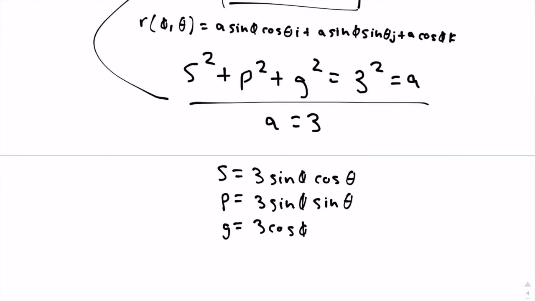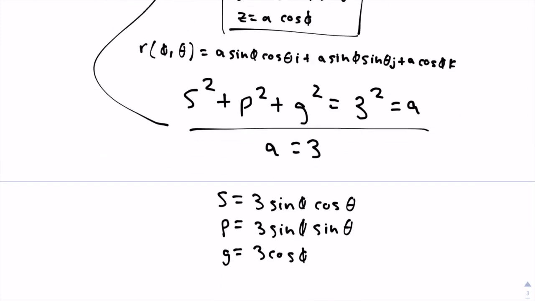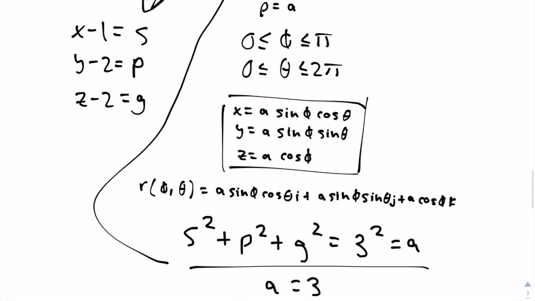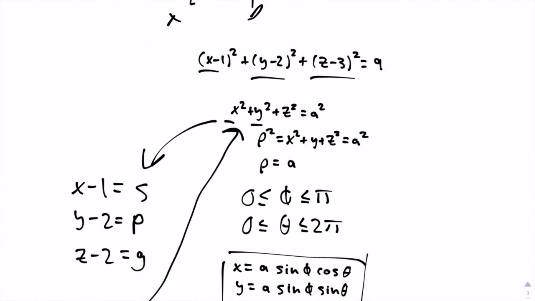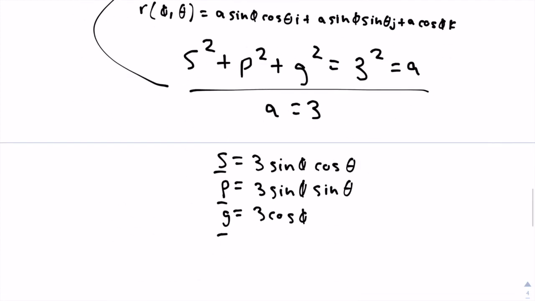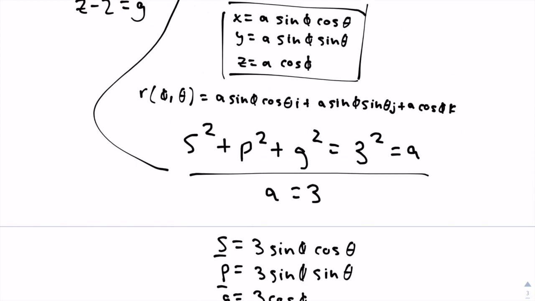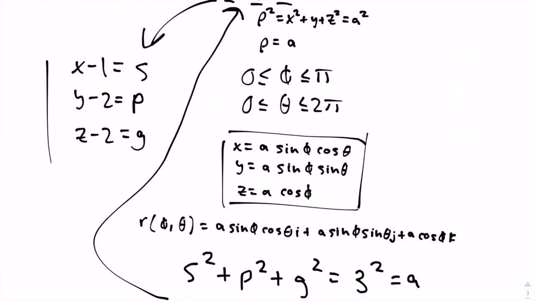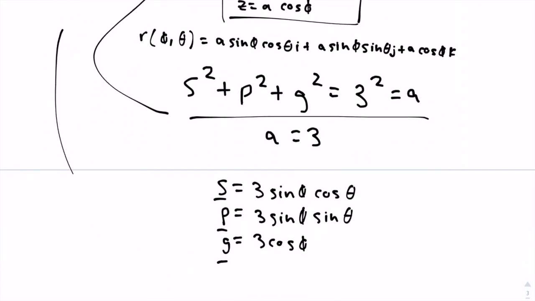And just to be clear, these values right here are just taking the place of the x, y, and z in this equation. But right now, what we're going to do is put it back in terms of x, y, and z, using some simple substitution by substituting these values back in.